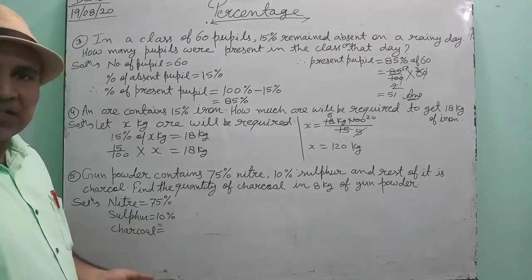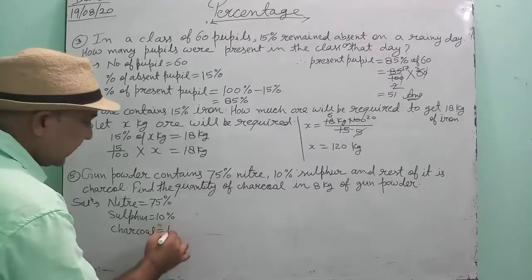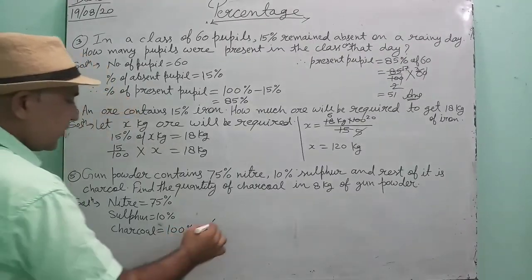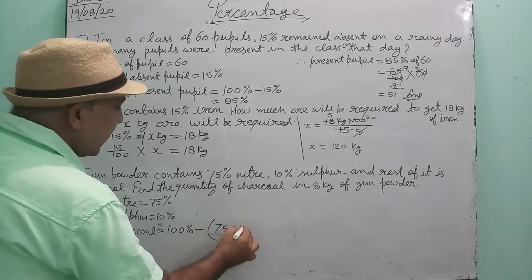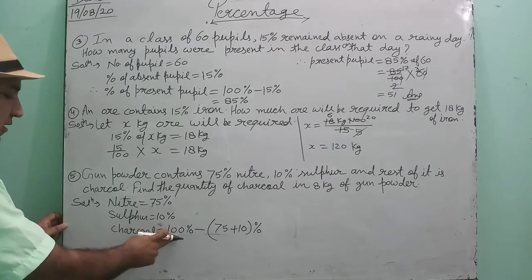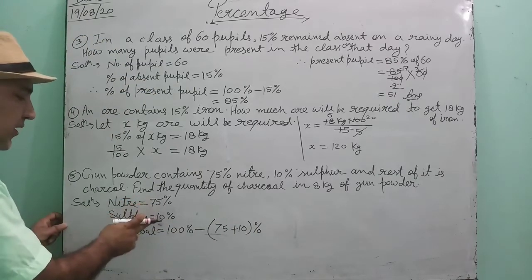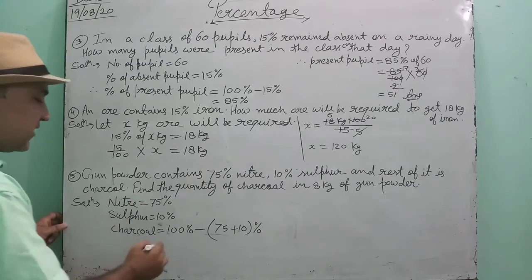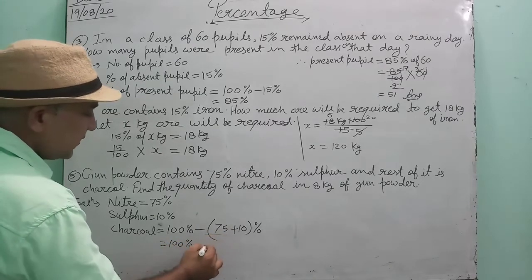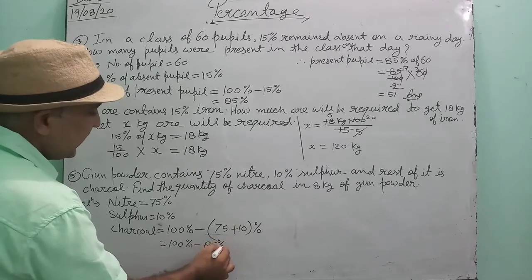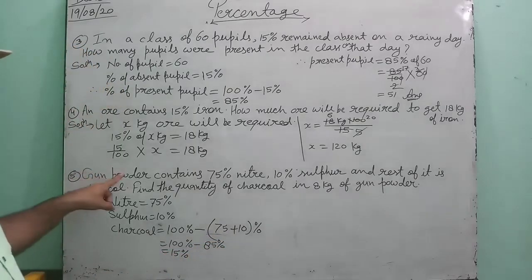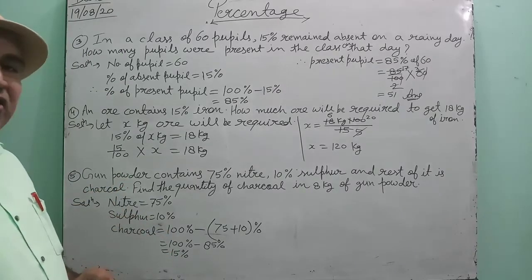We know that the maximum percentage is 100. That means from 100%, if we subtract the nitre percent and the sulfur percent, we will get the charcoal percent. That means 100% minus 85%, that means 15%. In the gunpowder, there is 15% charcoal.